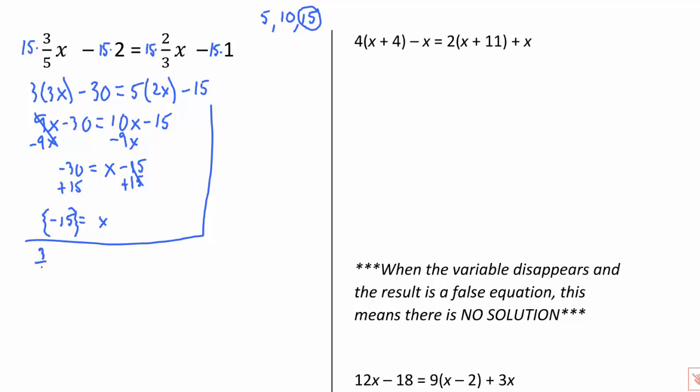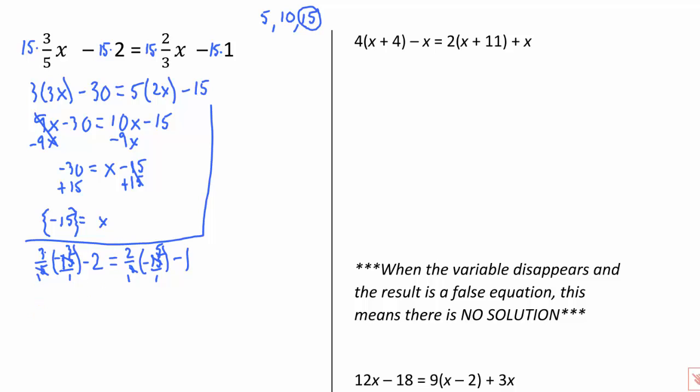So that means that 3/5 times x, which was negative 15, minus 2 is equal to 2/3 x, which is negative 15, and then minus 1. Now notice that this is over 1, and that 5 goes into 15, so that's a 1 and that's a 3, and 3 goes into 15, that's a 1 and that's a 5.